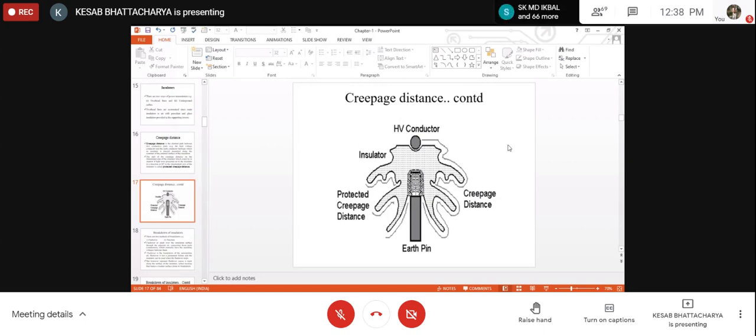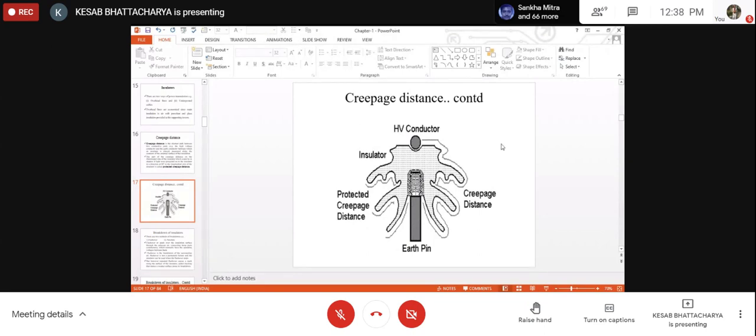But in spite of our best effort, we cannot make the current from the high voltage conductor to the earth pin, that is the earth electrode or earth conductor, zero, I mean completely zero, along the outside surface of the insulator.